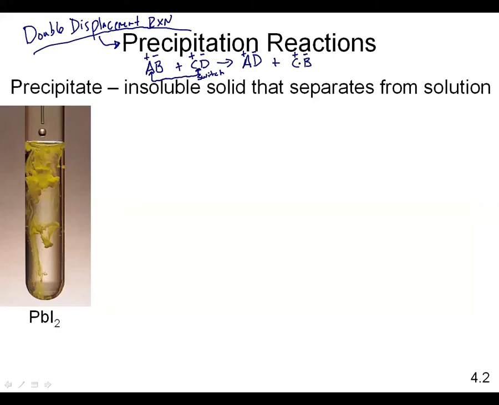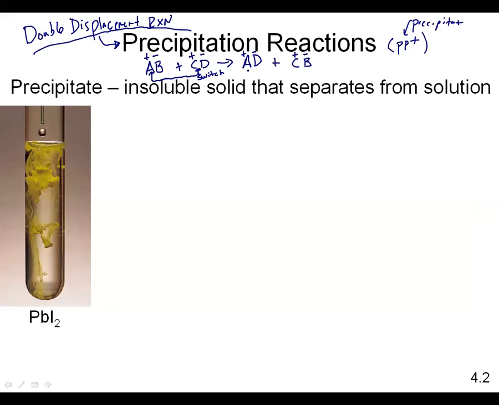So in a double displacement reaction, for which a precipitation reaction is part, you basically get a switch that occurs between the cations and they switch up with the other anions that are present. What makes something a precipitation reaction is, much like the name implies, a PPT, which is the abbreviation for a precipitate.